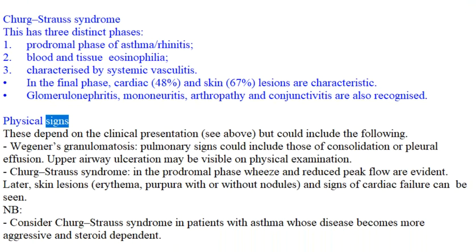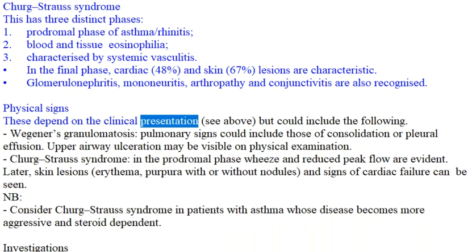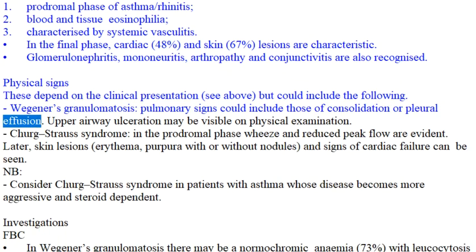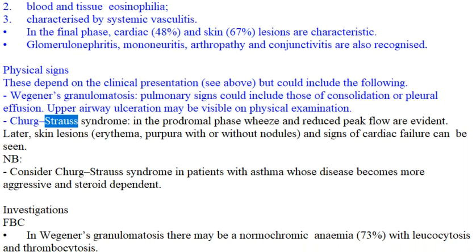Physical signs. These depend on the clinical presentation, see above, but could include the following. Wegener's granulomatosis. Pulmonary signs could include those of consolidation or pleural effusion. Upper airway ulceration may be visible on physical examination. Churg-Strauss syndrome.